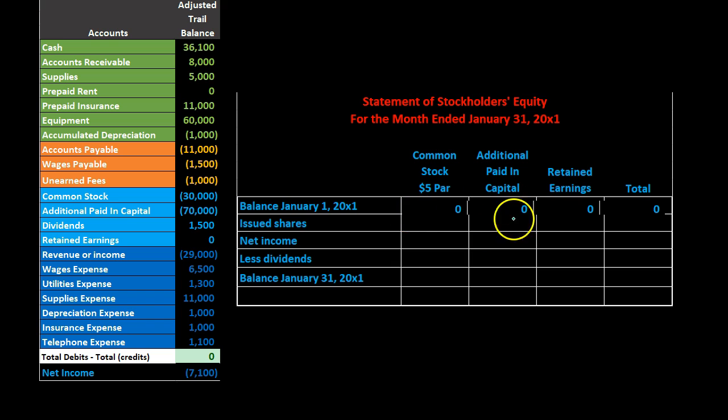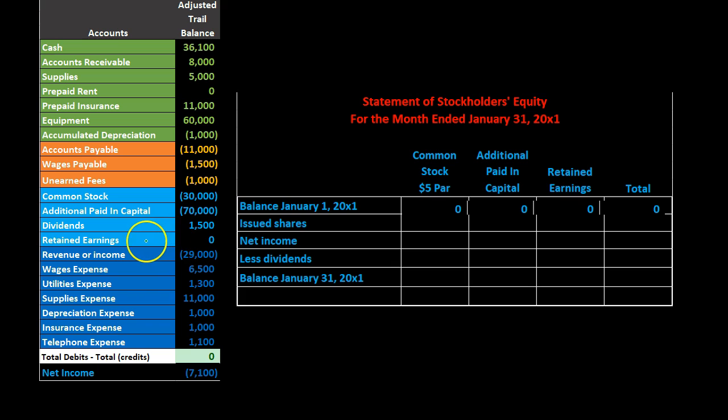Retained earnings is similar in that this retained earnings only represents beginning retained earnings. If it was any other month other than the first month of operations, then that would be something other than 0. We would have some retained earnings from the prior periods of operations. Because it is the first month of operations, it is 0. Just note that this 0 represents the beginning balance number.